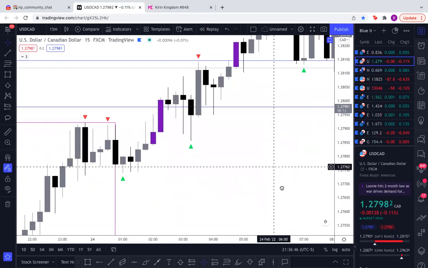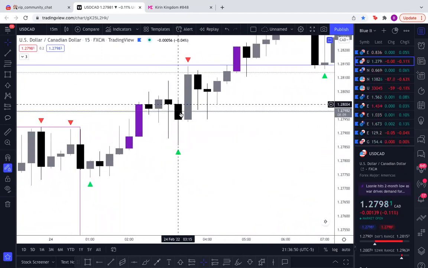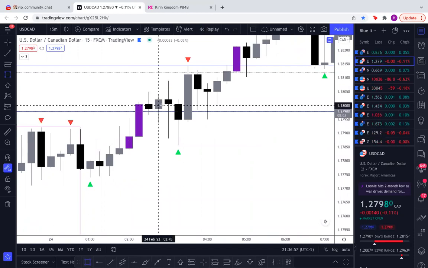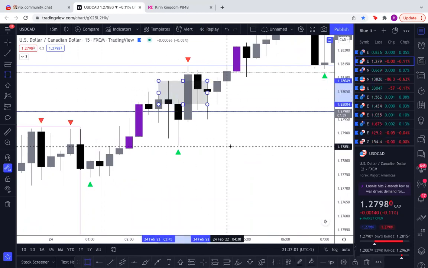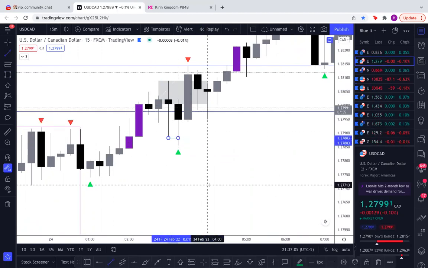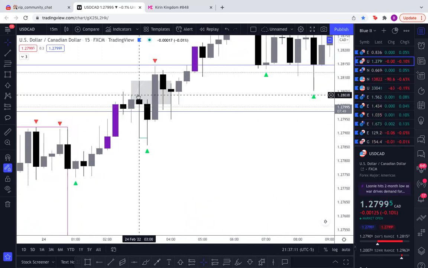If we come here, this is what I call morning star. As soon as we engulf right here, we can take all of this. Is it strong? No, because we didn't close below this. So we know it's weak, so we risk less, and we would have SL'd.